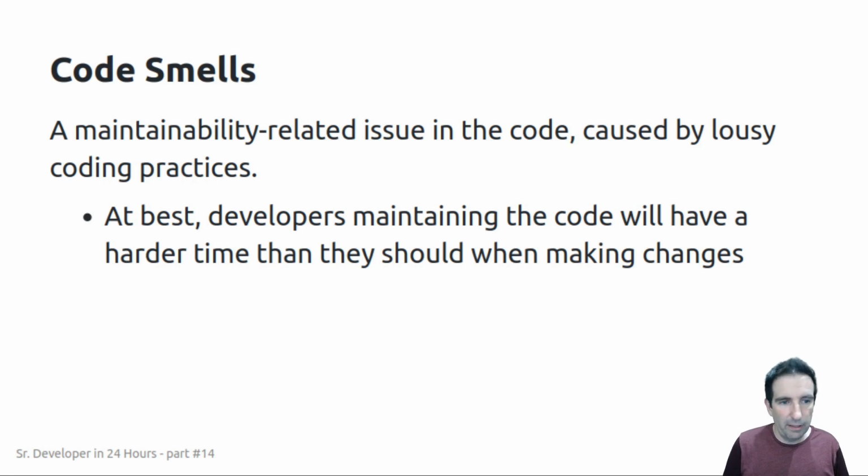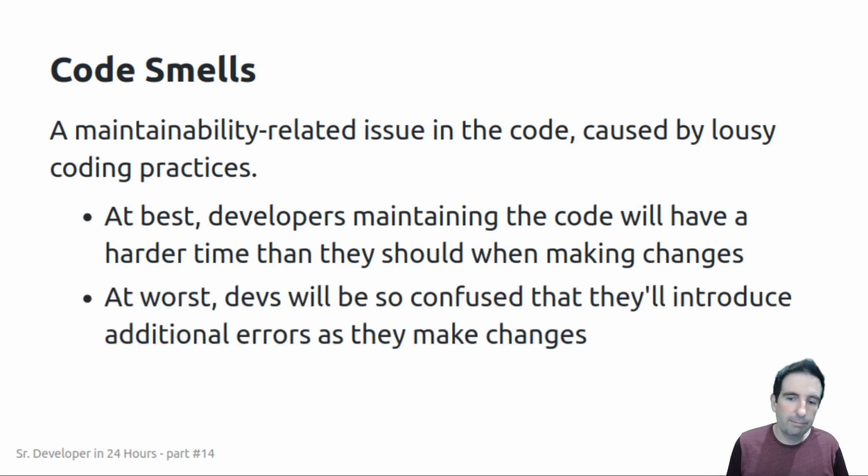But in the best case scenario, if we have a lot of these situations, it is going to make it harder for our developers to understand the code and make changes. And in the worst case, it is basically going to make our developers so confused that they will end up introducing bugs when they make changes. And sometimes, we're talking about small changes.